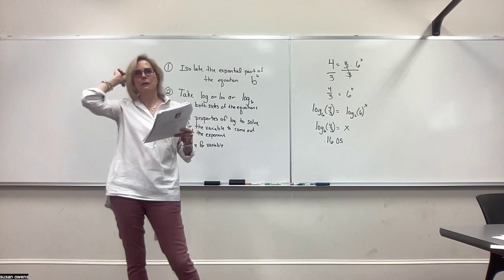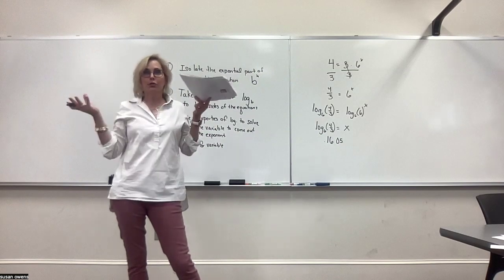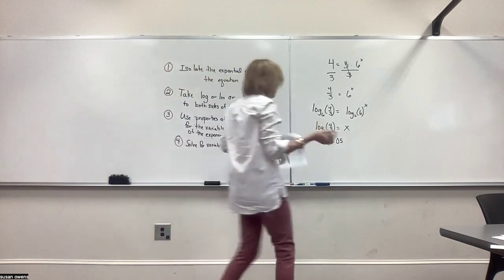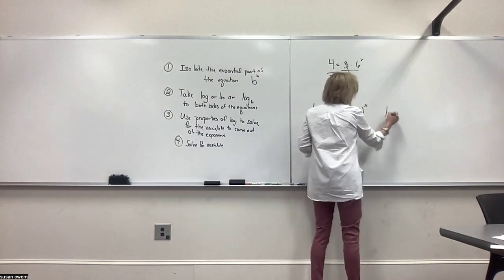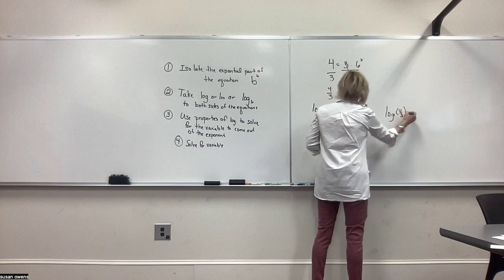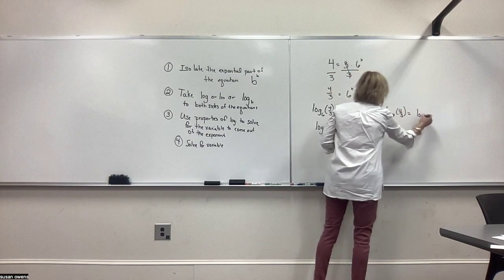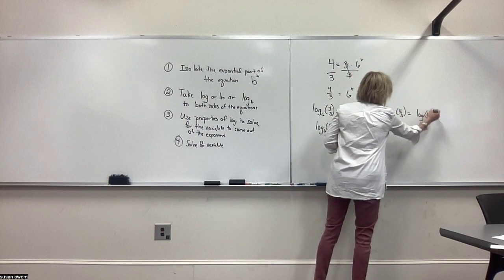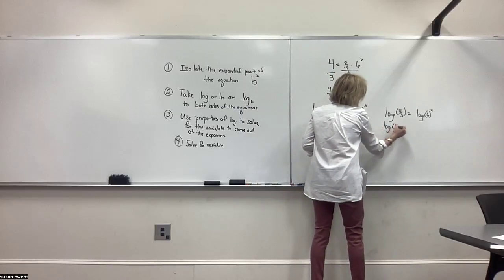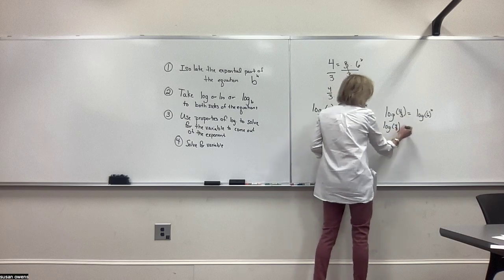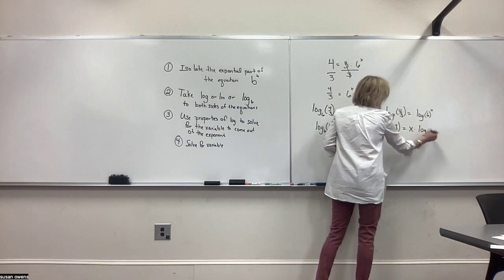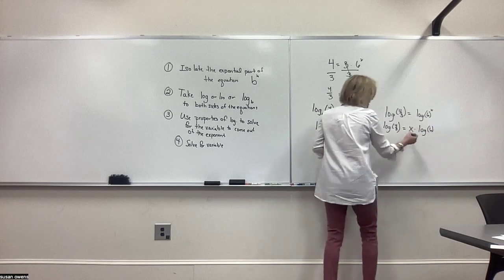Okay, so you're in your dorm and you don't have your calculator that changes the base, and you're doing your homework, how do you do it? I would take the log of both sides, or the natural log. So log of 4/3 is equal to log of 6 to the x. So log of 4/3 is equal to x times log of 6 here.